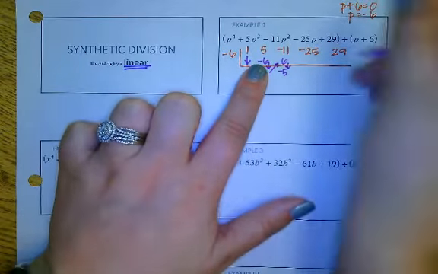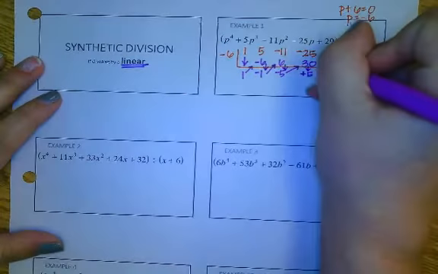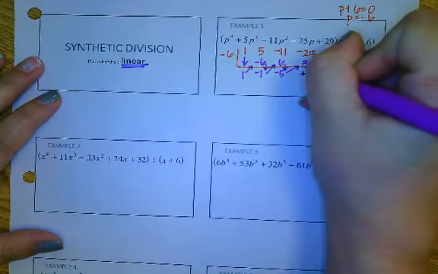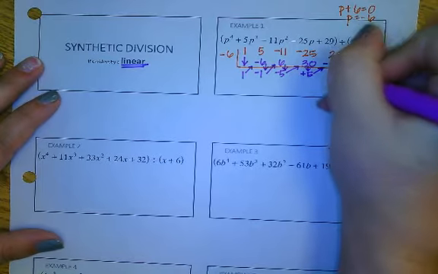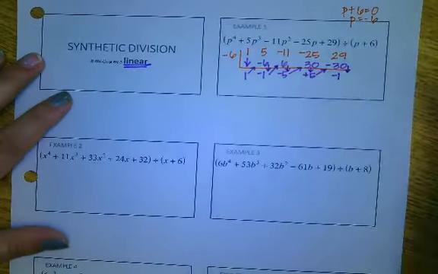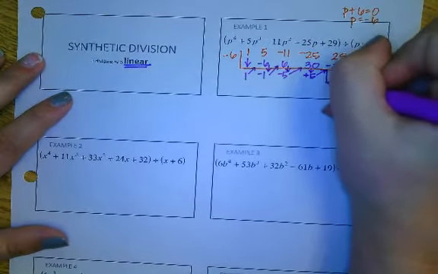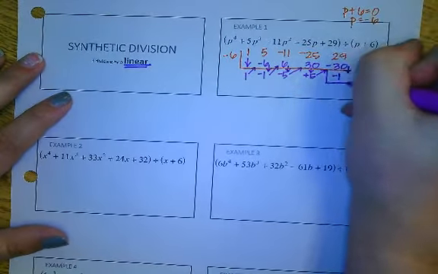And then 5 times negative 6, negative 30, add negative 1. Okay, the bottom right hand side will always be your remainder.